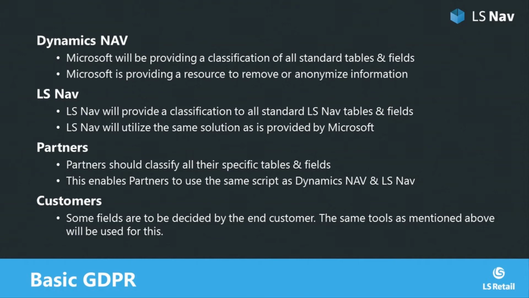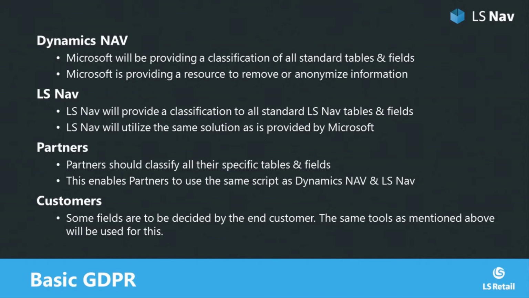Microsoft's main focus will be, but not exclusively, on the following tables: customer, vendor, contact, employee, salesperson, and resource user. Partners that have their own systems should employ the same classifications to their systems.